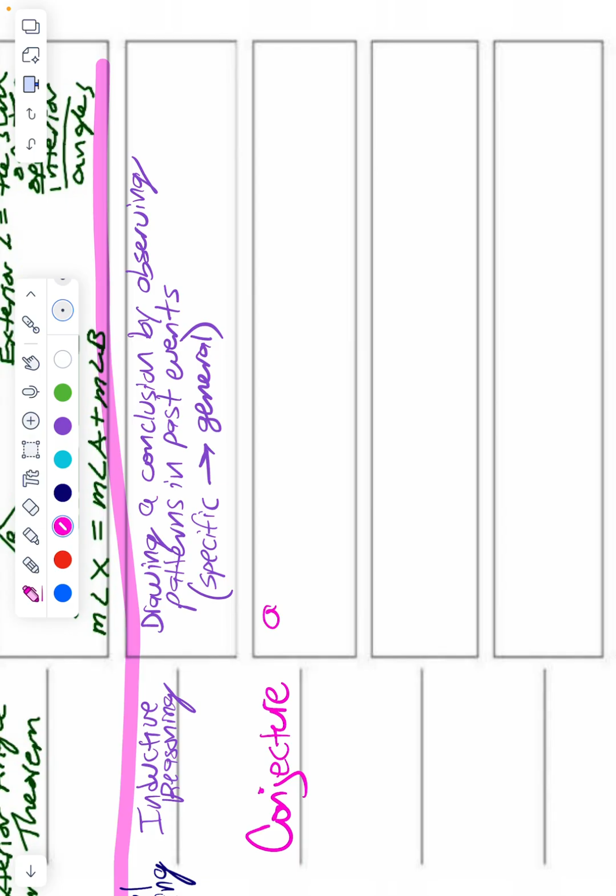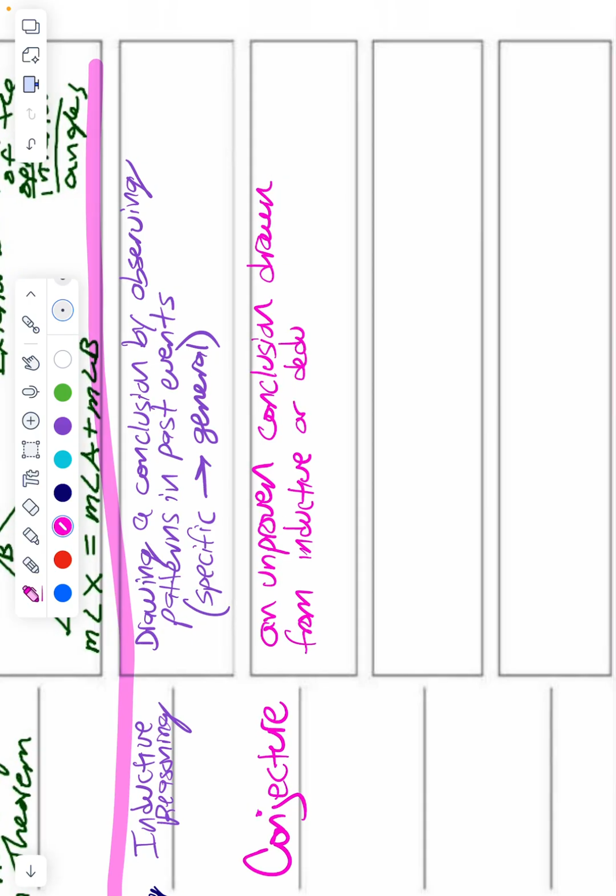Let's make sure we put an unproven conclusion drawn from inductive reasoning. And we're going to mention this in a second, but we also have deductive reasoning.